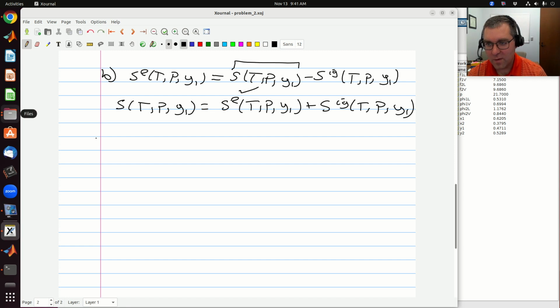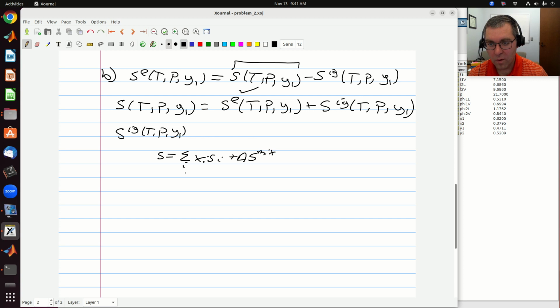So ideal gas value, for my binary mixture, that's going to be equal to, what I'm going to remember is in general, S is equal to sum over i, Xi Si, plus delta S of mixing.